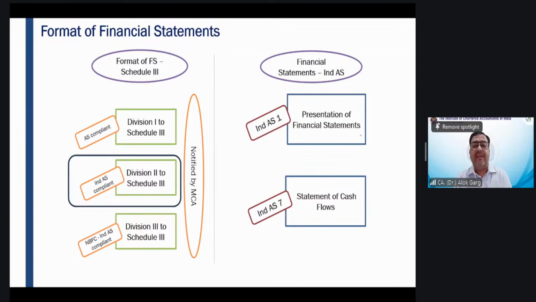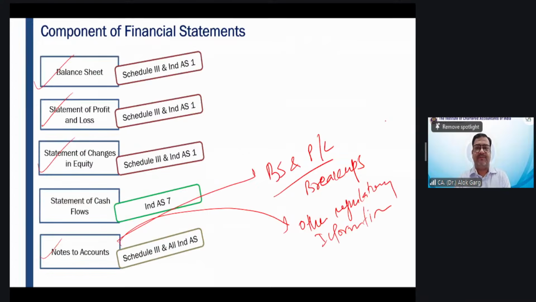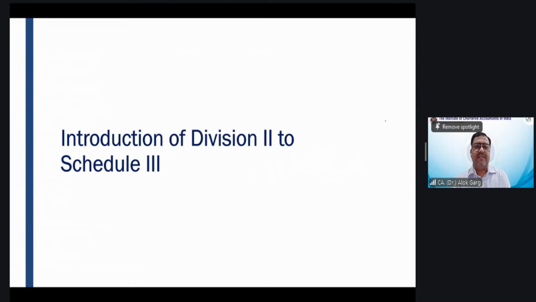So Ind AS 1 does not cover the format or the presentation of the cash flow statement, and Ind AS 7 covers the presentation of the statement of cash flows. So friends, we have two standards which deal with the presentation of financial statements: Ind AS 1 and Ind AS 7 relating to cash flows. Yes, so we covered these aspects.